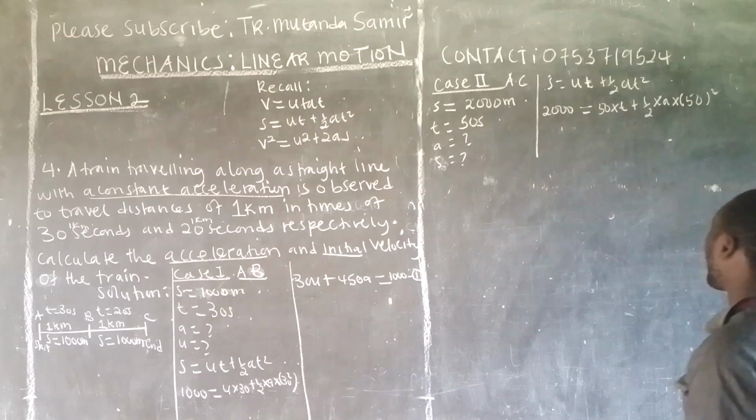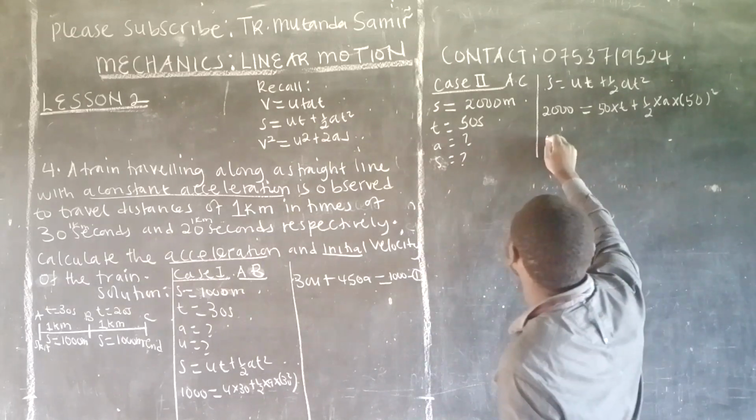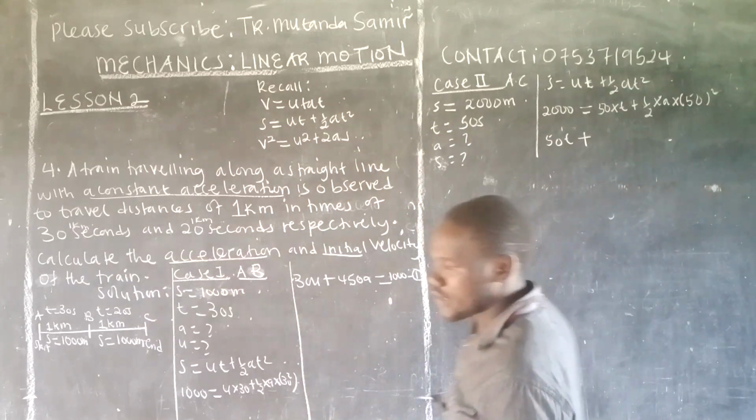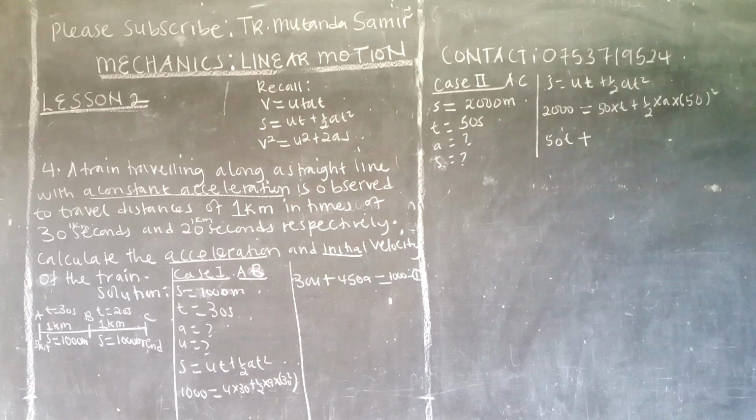That's great. Then let's simplify. Here we shall have 50t, beginning with that 50t, plus, let's reduce that on our calculator. 50 squared will give us 2,500.